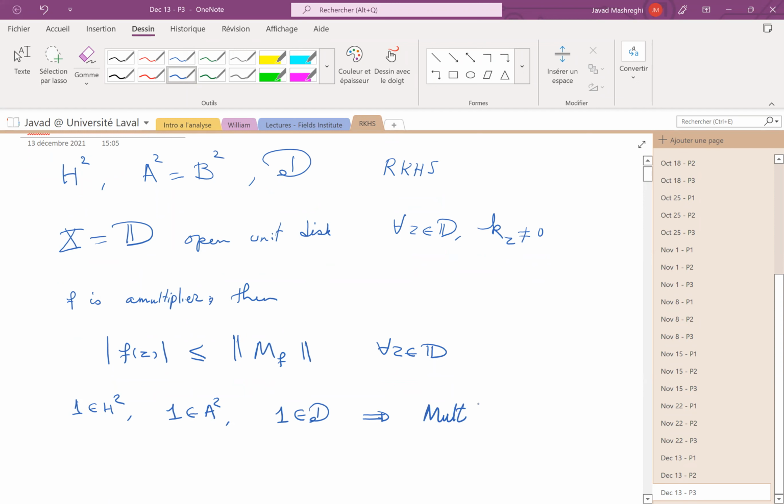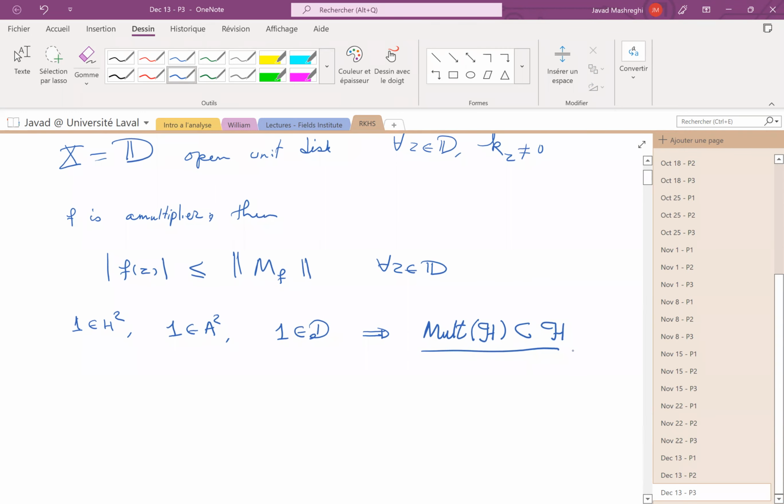But in each case, the multiplier space of X sits inside this X. In all cases. And note that H also sits in Hol(D), so they are holomorphic functions.